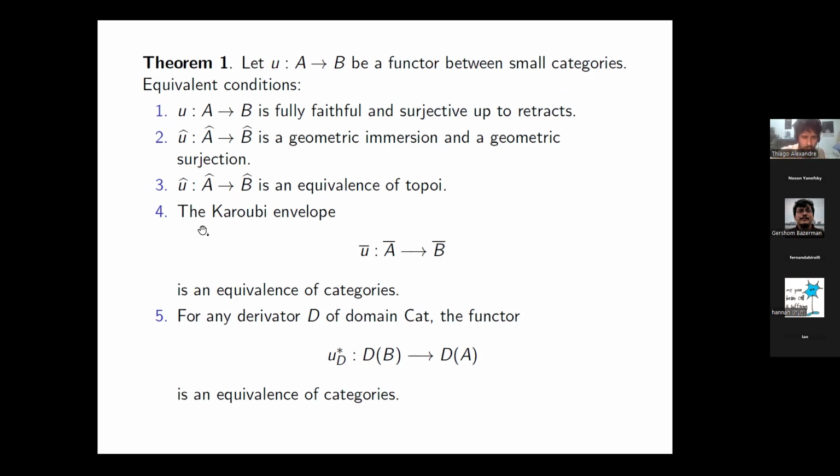Or this is also equivalent to saying that the universal functor induced at the level of Karoubi envelopes is an equivalence of categories. And most interesting is the fifth condition: that for any derivator D, the inverse image functor induced at the level of derived categories with respect to D, of course, is an equivalence of categories.